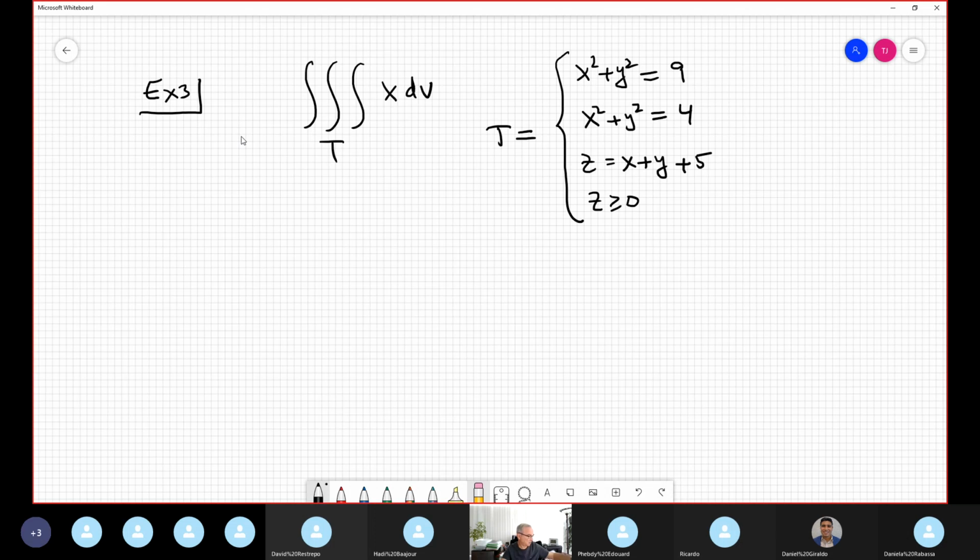Okay, let me try thinking about the surfaces that are forming my solid. Let me try to find it in GeoGebra. Okay, but no, let's do it by hand. Okay, there you go.